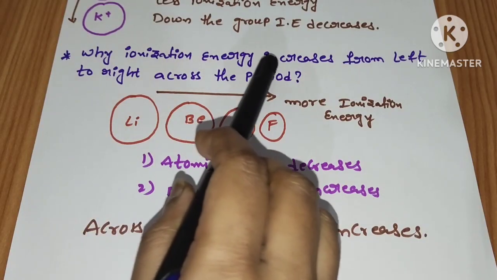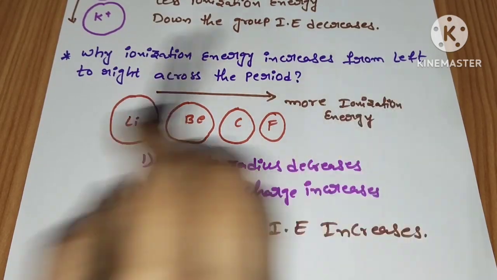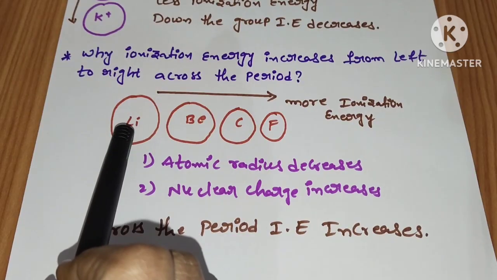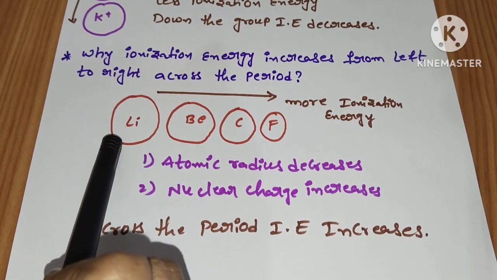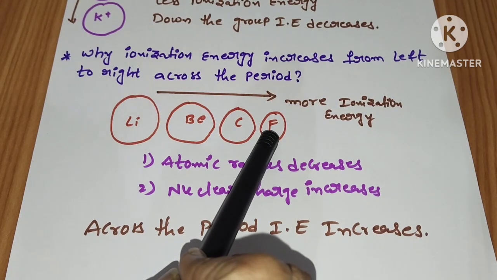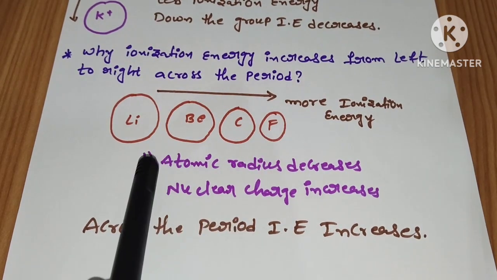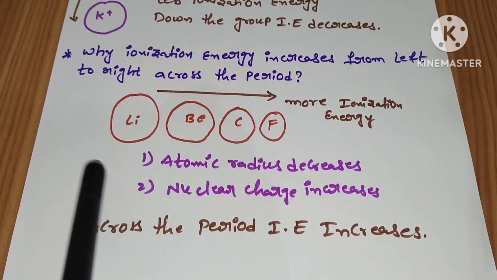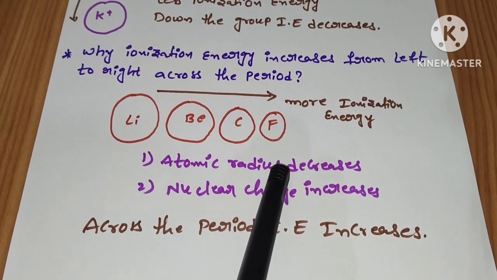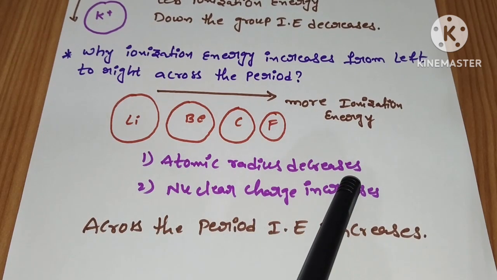Why does ionization energy increase from left to right across the period? When I consider second period elements like lithium, beryllium, carbon and fluorine, we already know that from left to right across the period atomic radius decreases.